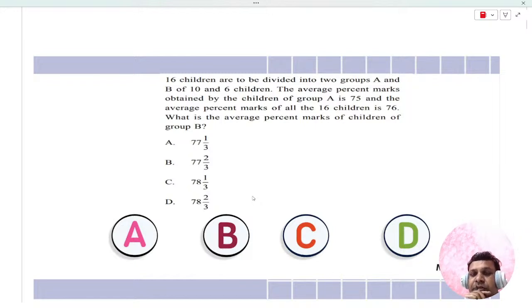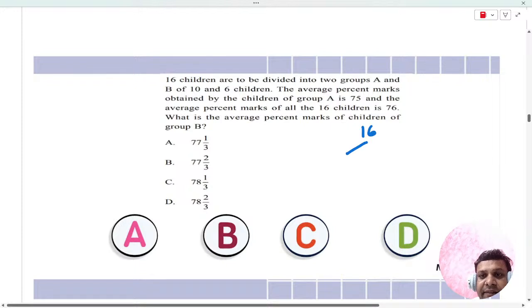Okay, let's do this in the following way. 16 children are divided into two groups, group A and group B. In group A, 10 students, and in group B, 6 students. Average marks for group A is 75.